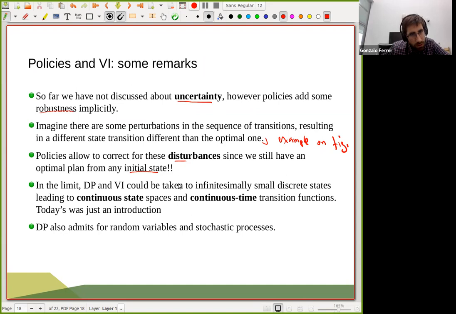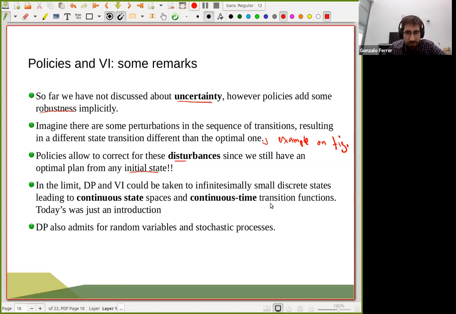What is this other remark? Dynamic programming and value iteration can be taken to infinitesimally small discrete spaces, with very small resolution, and this could be considered continuous state spaces. You could also consider continuous time transition functions, basically how the state changes over time.